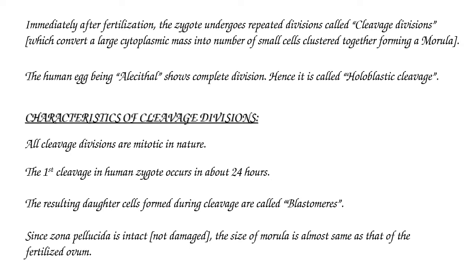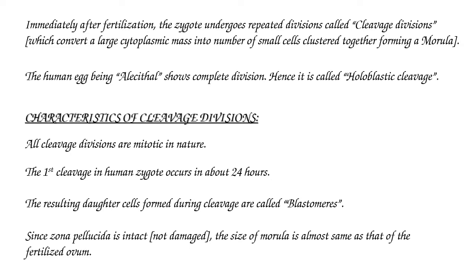These cleavage divisions convert a large cytoplasmic mass into a number of small cells clustered together, forming a morula. The human egg, being alecithal, shows complete division. Hence, it is called holoblastic cleavage.